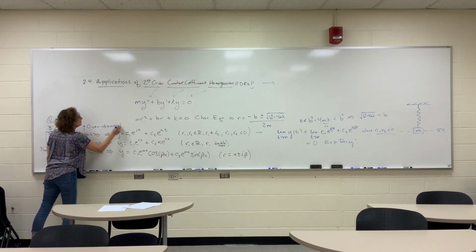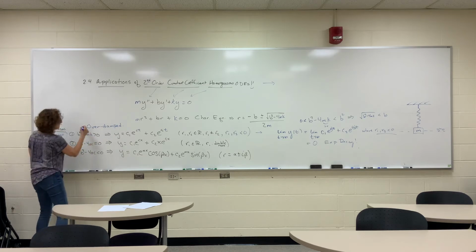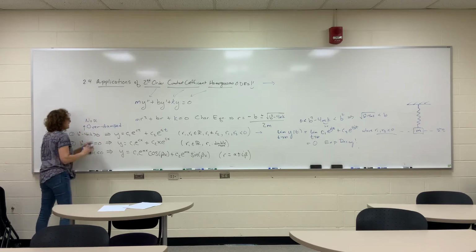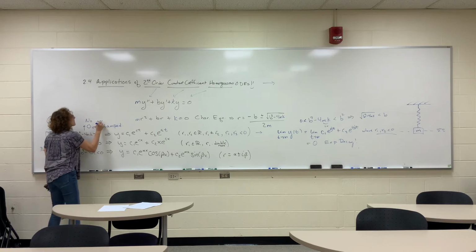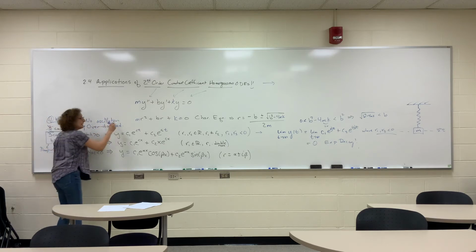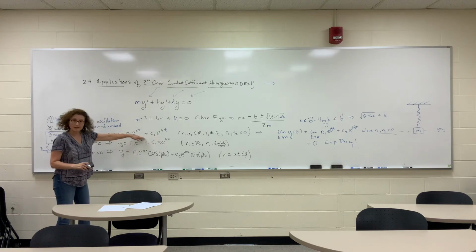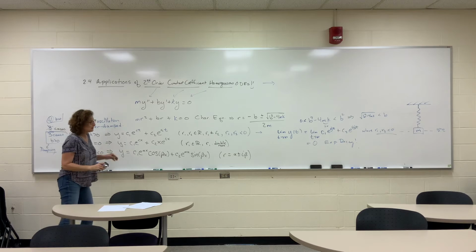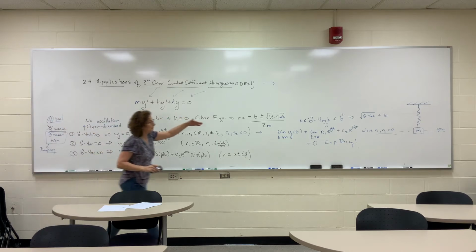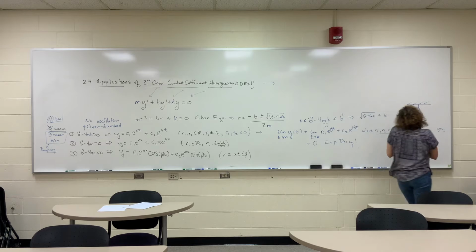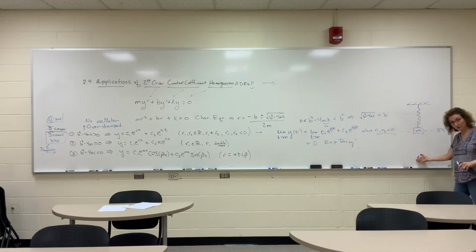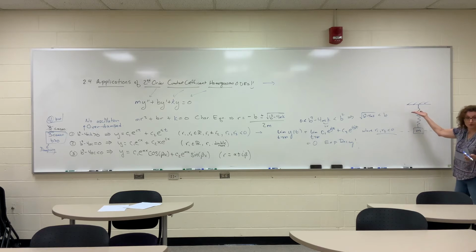Why is it overdamped? There's no oscillation happening in the spring. It doesn't go back and forth. You can see that from the solutions: exponentials don't oscillate. How do you start it off? You give it some initial displacement, that's your y at t naught, or push it up. That's your first initial condition.